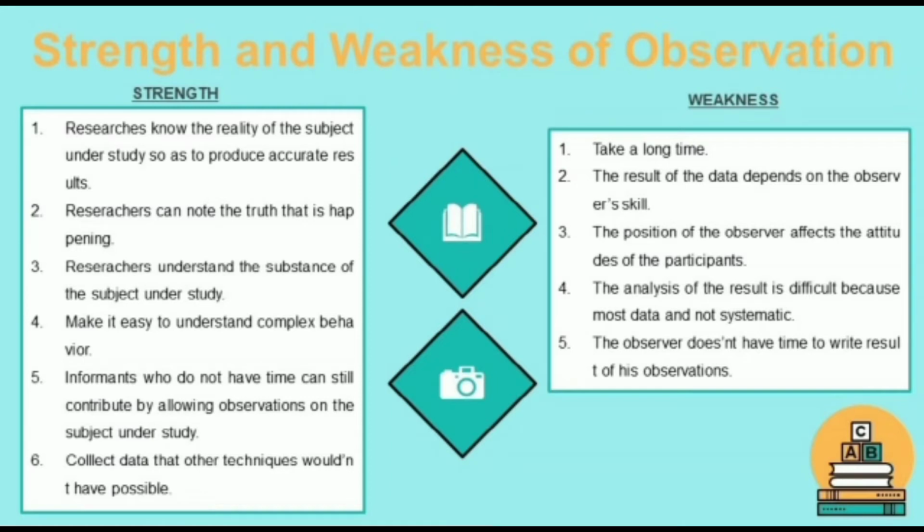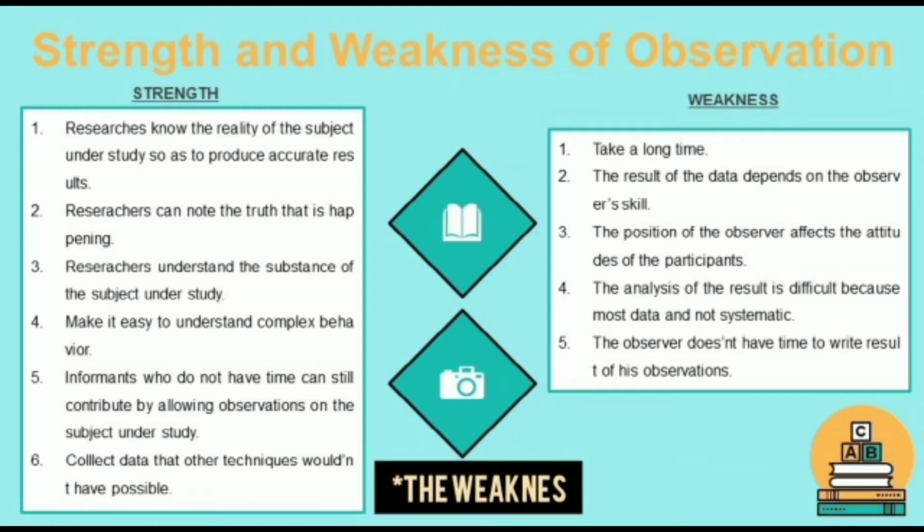And the last is collect data that other techniques will not have possible. Jadi observasi ini memiliki keunggulan, dia mempunyai kumpulan data yang tidak dimiliki oleh teknik yang lain, sebab observasi ini melibatkan peneliti secara langsung untuk terjun ke lapangan untuk mengetahui hal-hal yang terjadi di lapangan secara langsung.